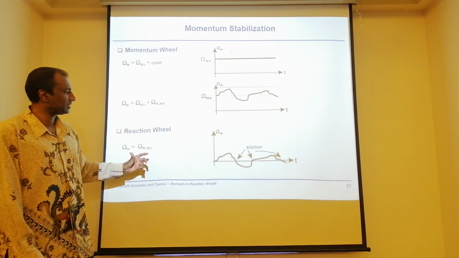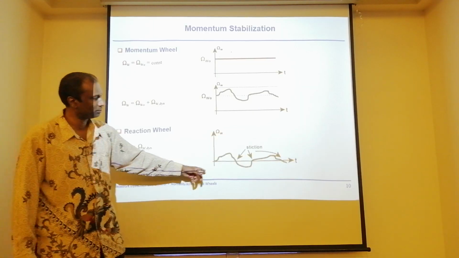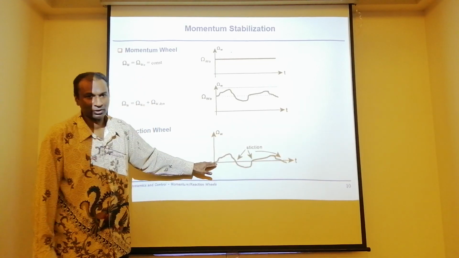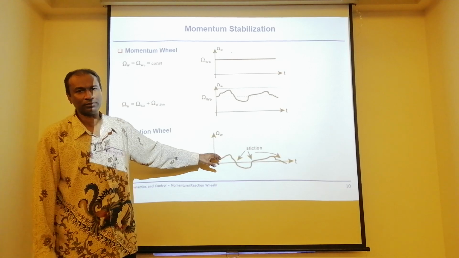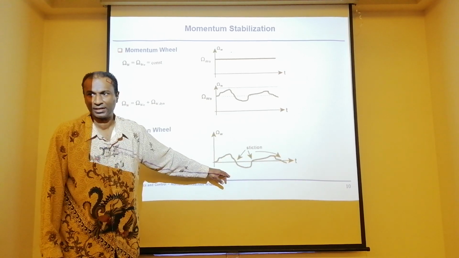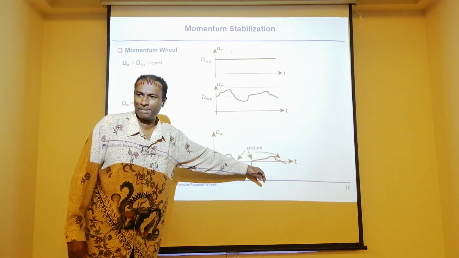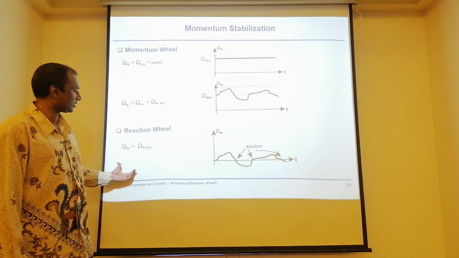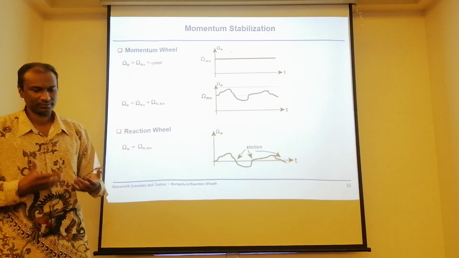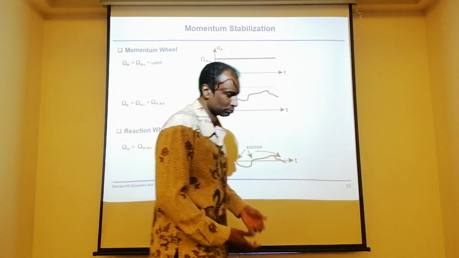So what it does, if you need torque, that means this is a zero velocity, you need torque, then you speed up the wheel. You brake the wheel, you have a torque on the other side. Positive torque, negative torque, positive torque, negative torque, and so on. This is your reaction wheel. Okay, it's dynamic. It's always moving to produce torque.